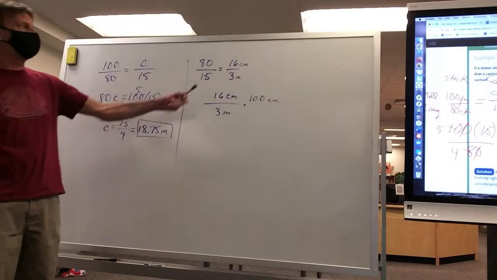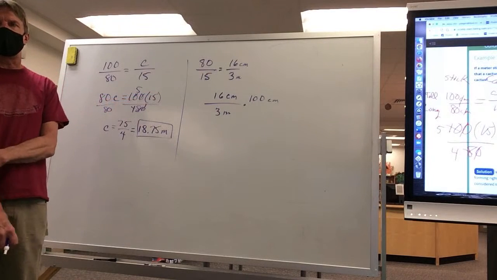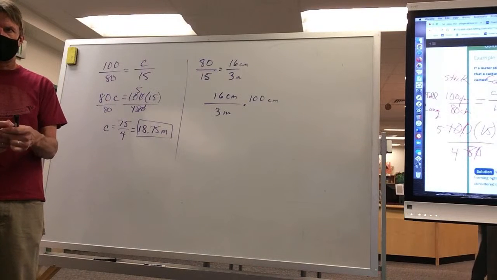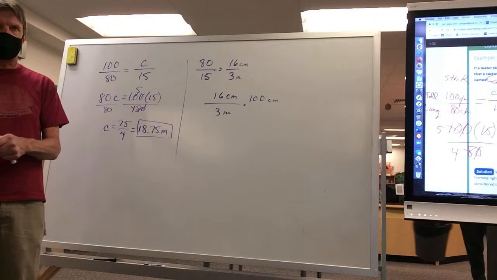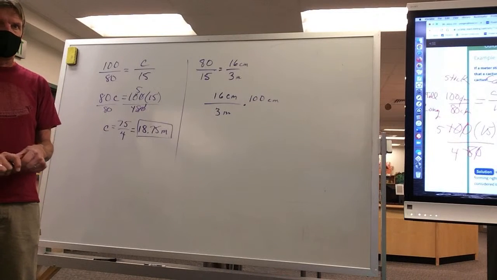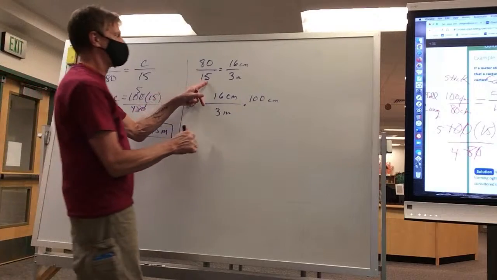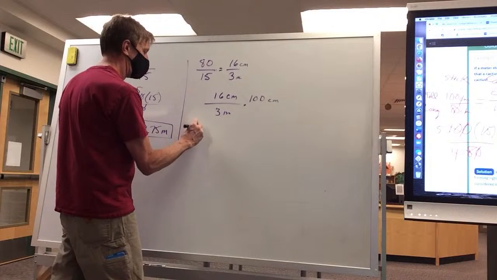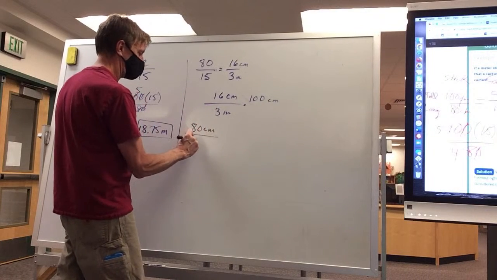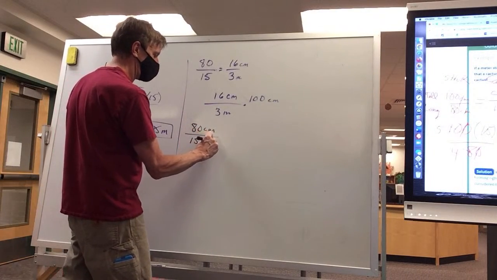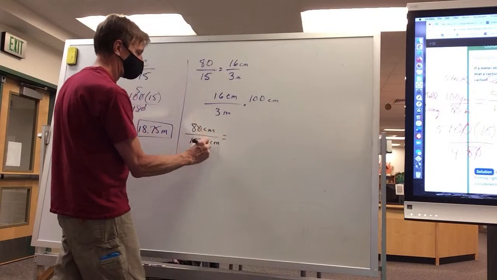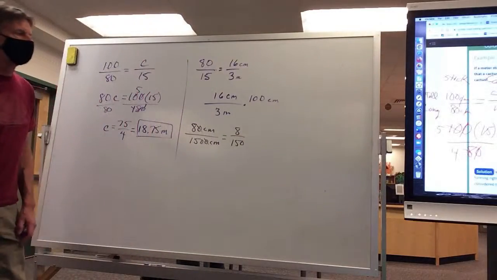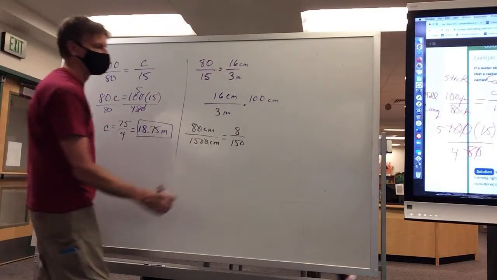So what should be done back here to come up with a ratio of similitude? What are you saying, Titus? Yeah, change the meters into centimeters. So if we changed 80 centimeters and 1,500 centimeters, then that's 8 over 150. Can you keep simplifying that? Yeah.